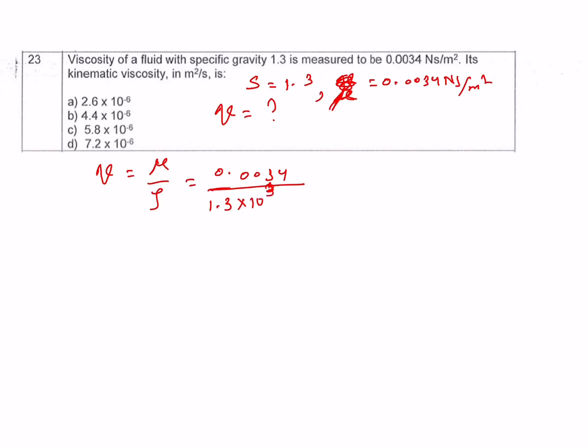So here we will take 13 divided by 34. Then 10 to the power 3, and one more 0 you will get. 34 divided by 13 into 10 to the power 6.